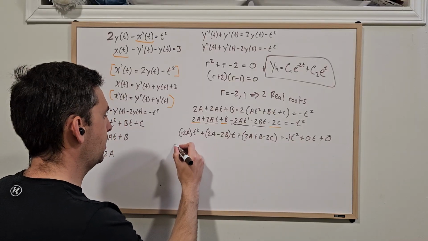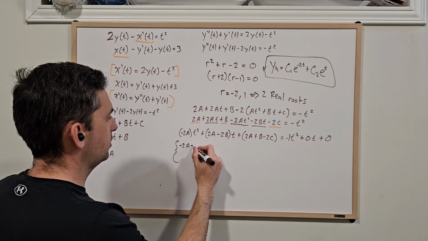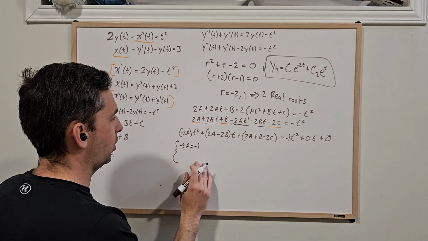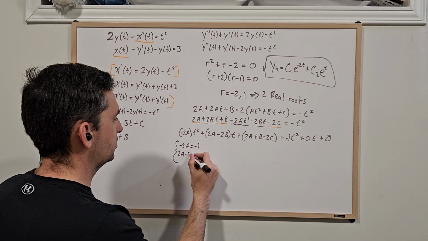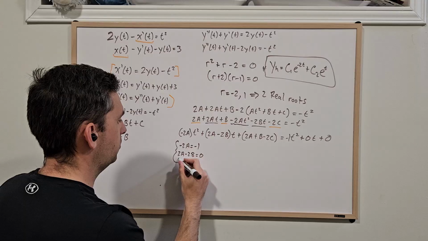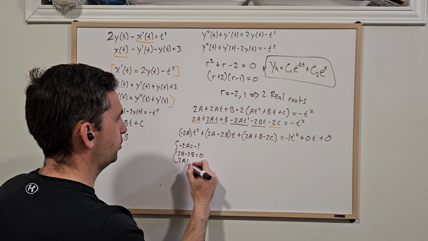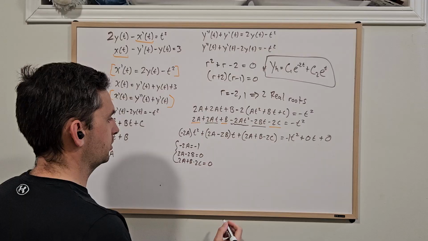So we're going to have our 3 equations that look like this. Negative 2a is equal to negative 1, right? Then we have 2a minus 2b is equal to 0. And we have our last one, which is 2a plus b minus 2c is equal to 0, okay?